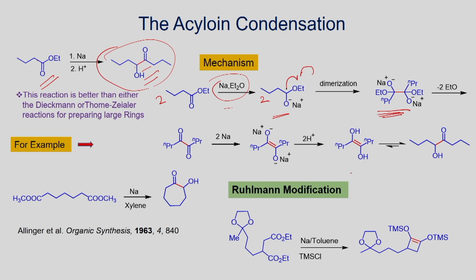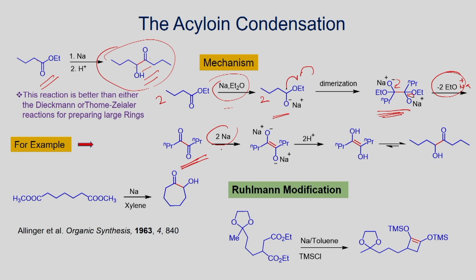Once you form this salt, it can readily convert into sodium ethoxide and the diketone. Once you form the 1,2-diketone, 2 equivalents of sodium can give 2 electrons.